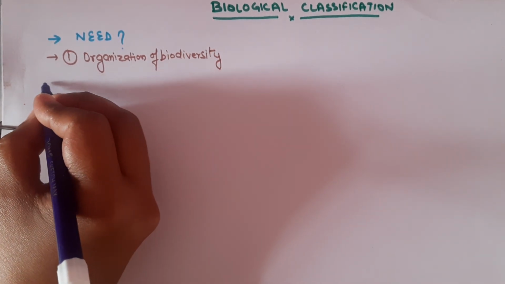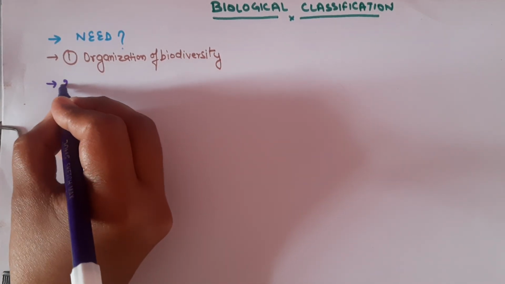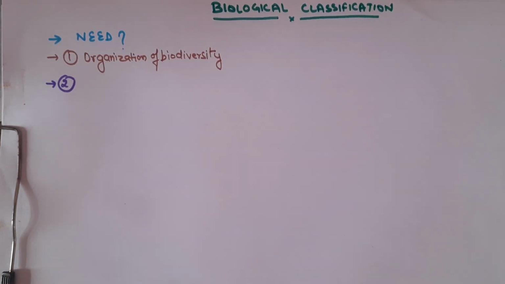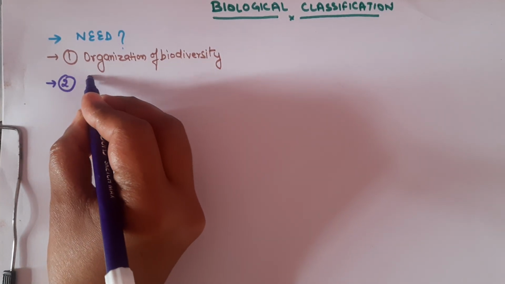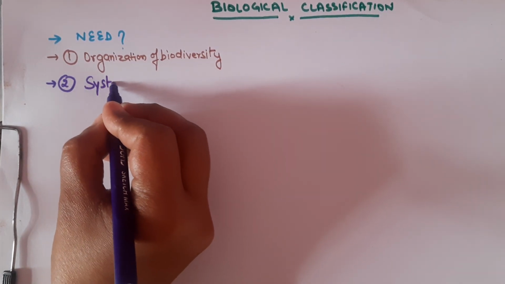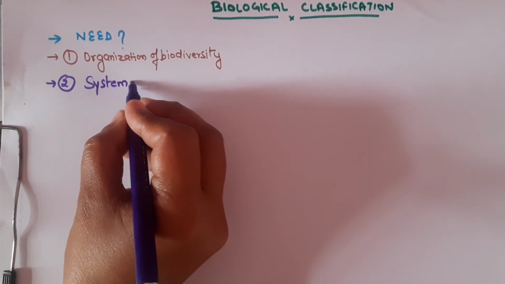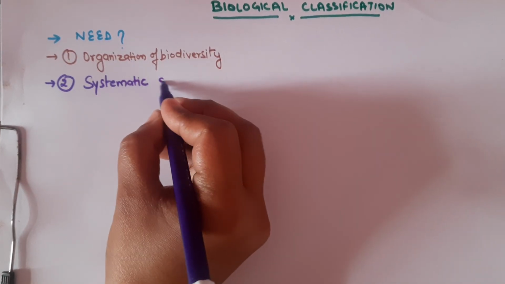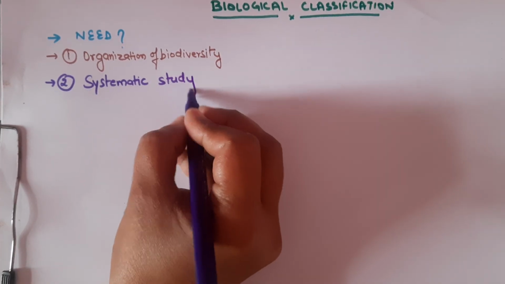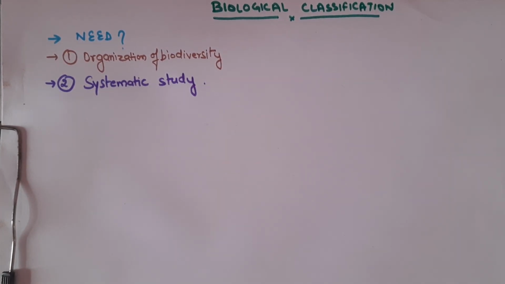Second, we need biological classification to make the study of organisms easier and more systematic. So classification is needed for the systematic study of organisms in an easier way.